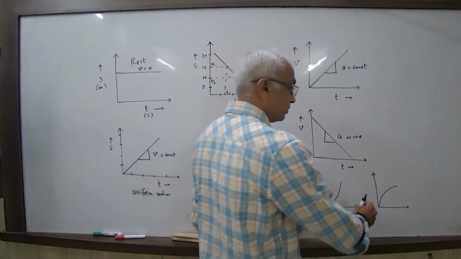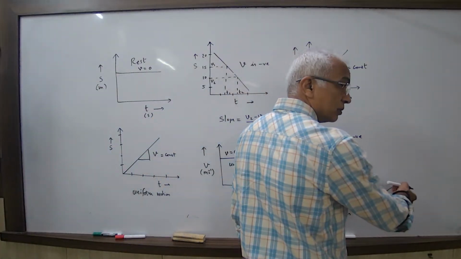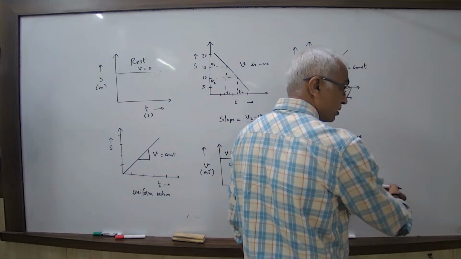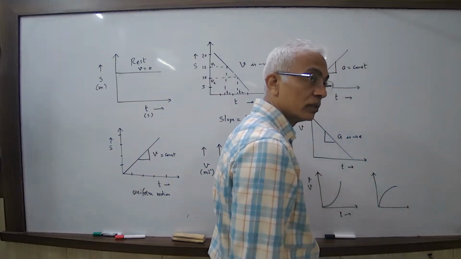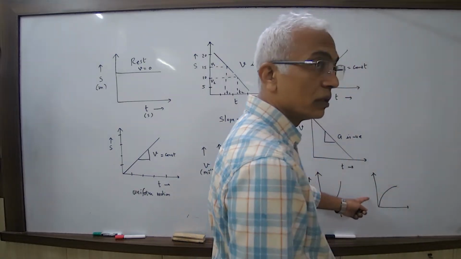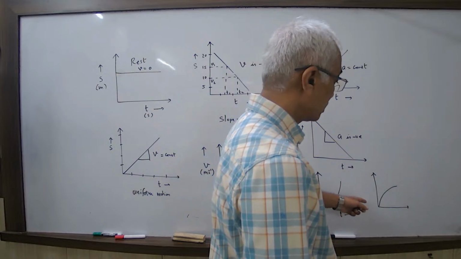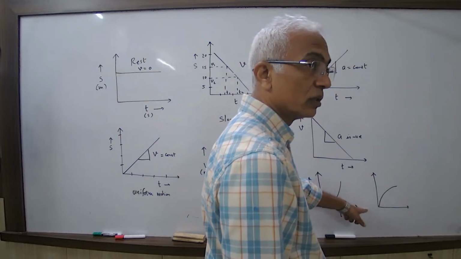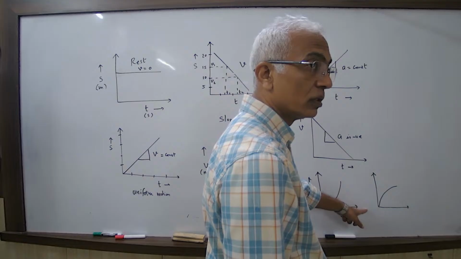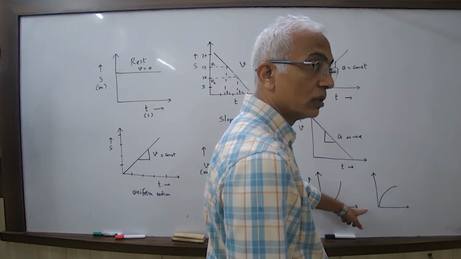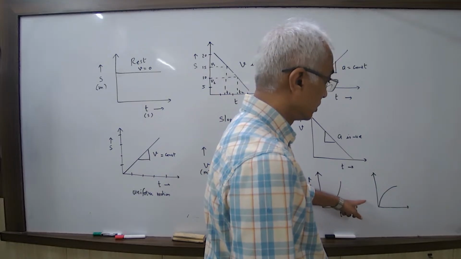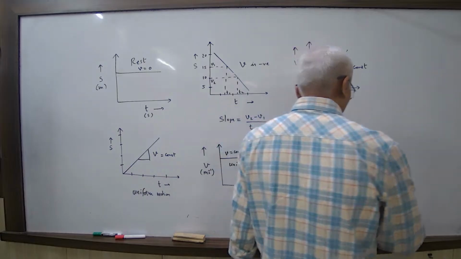Slope is decreasing. So acceleration is decreasing. So it is decelerating. Okay. So this is non-uniform acceleration, non-uniform motion. Non-uniform retardation.